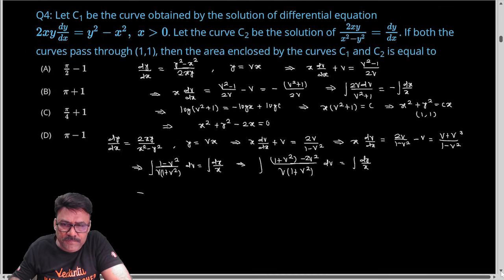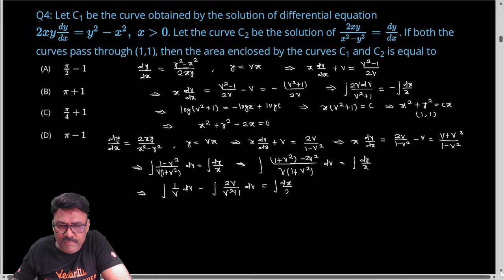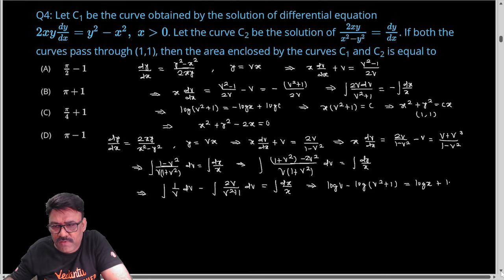Now if you solve it, ultimately you are getting 1 by v dv minus 2v over v square plus 1 dv equals dx by x. Now let's integrate. 1 by v is log v. 2v over v square plus 1 is log (v square plus 1). dx over x is log x, and plus some constant, let's say log k.